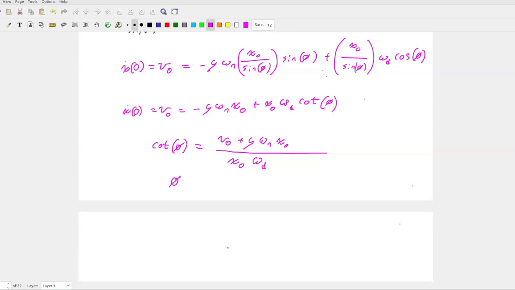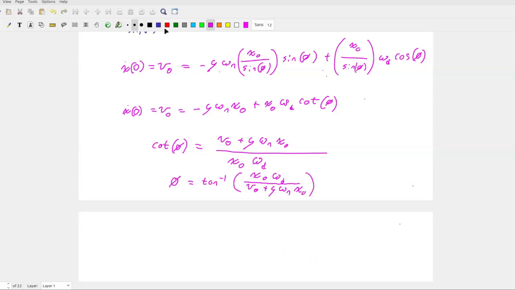So phi for a damped system is equal to tangent inverse of x naught omega d, which are all things that I can easily obtain, over v naught plus zeta omega n x naught.